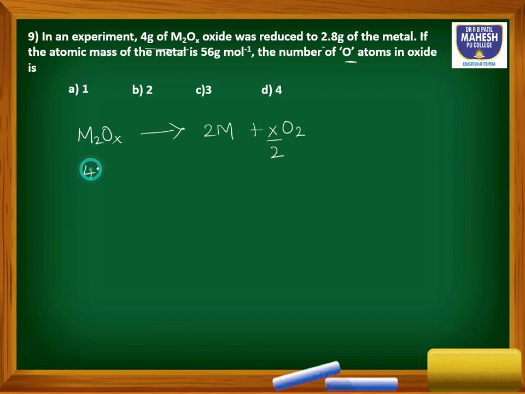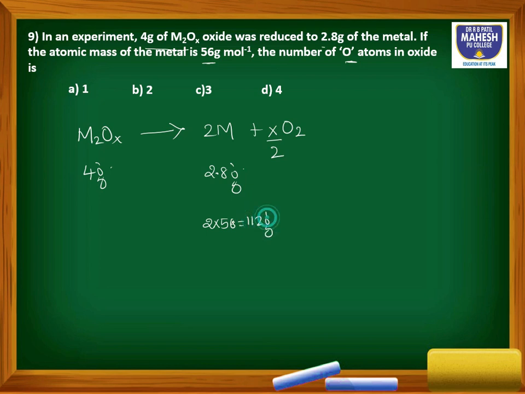Okay, they told that 4 gram of M2Ox decomposes to form 2.8 grams of M, and atomic mass of metal M is 56. Find out the number of oxygen atoms. Okay, see here, let us solve this. 2.8 gram is obtained from 4 gram of M2Ox, then 2 into 56, that is nothing but 112 grams.